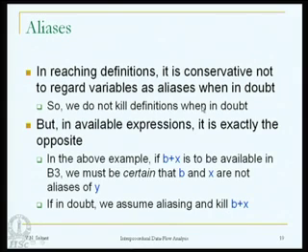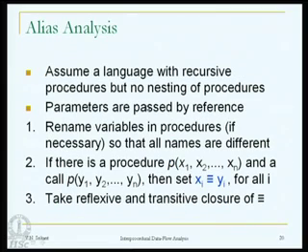So, the point here is the application, the reaching definitions or available expressions etc., will determine whether aliasing is harmful or not harmful. So, we just compute alias information and let the application use it the way it really wants.